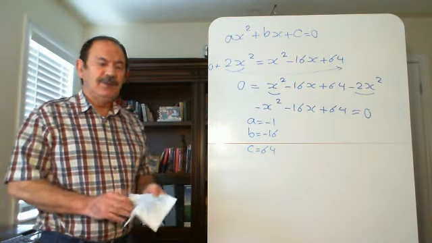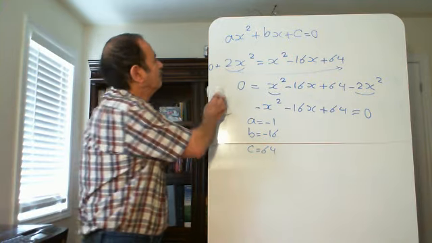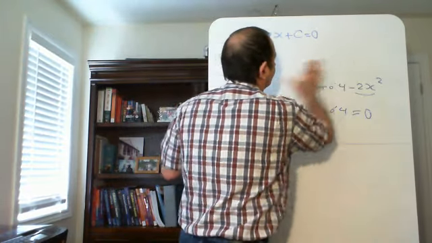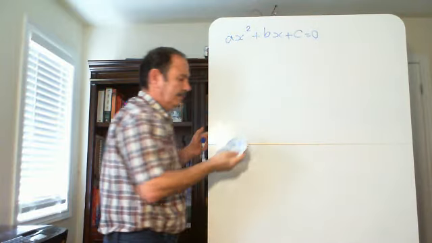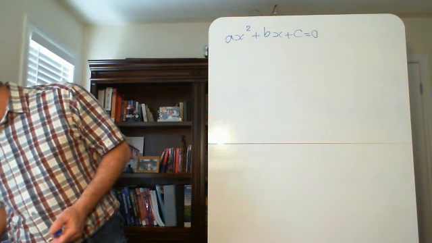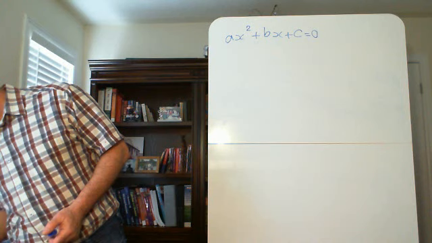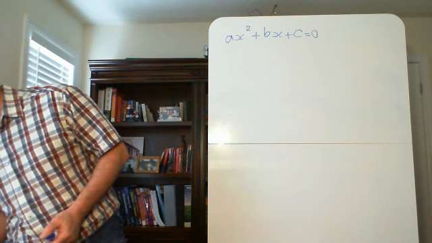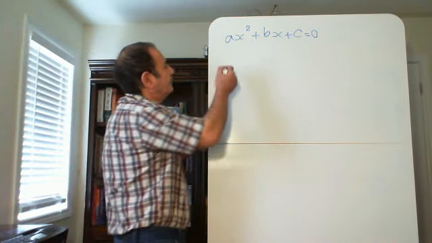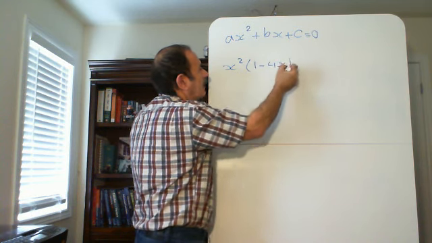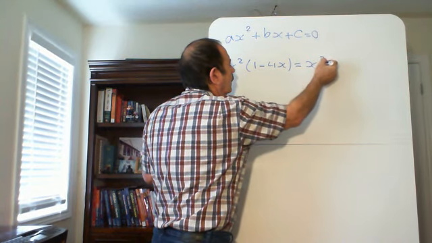Now, let's do one more example. x squared minus 1 minus 4x is equal to x squared plus 1.